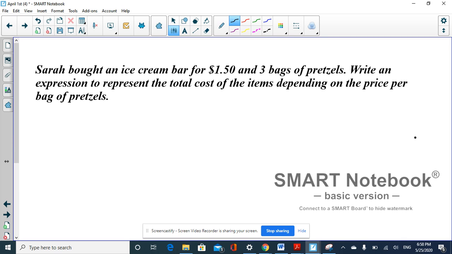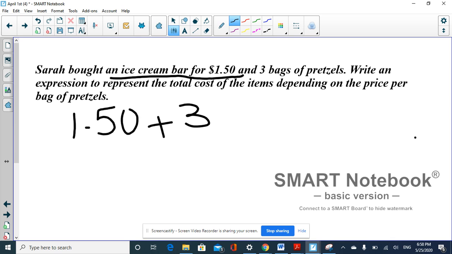So she bought an ice cream bar, and ice cream means only one, so it's $1.50, and 3 bags of pretzels. I don't know how much is the bag of pretzels.